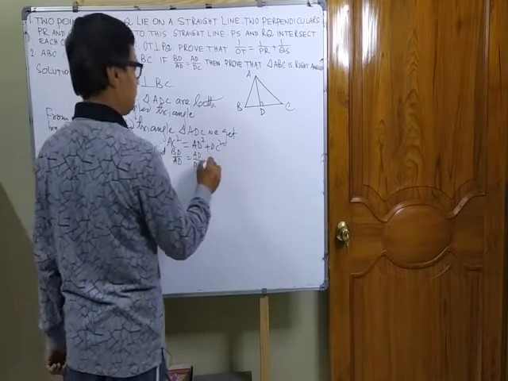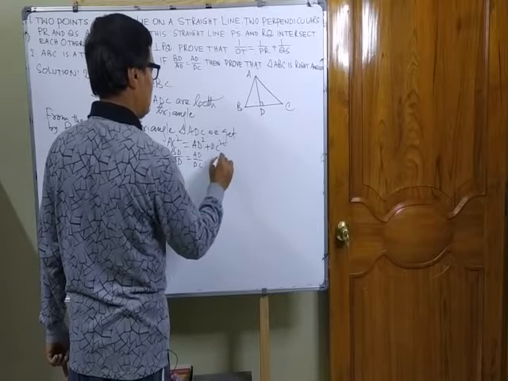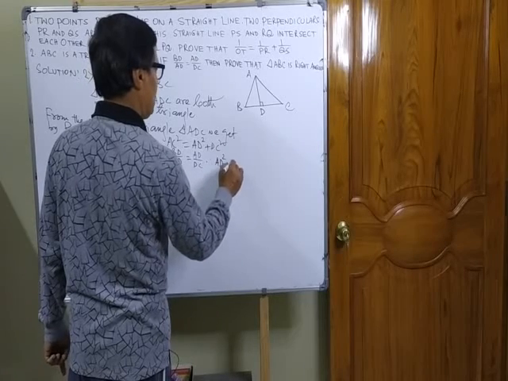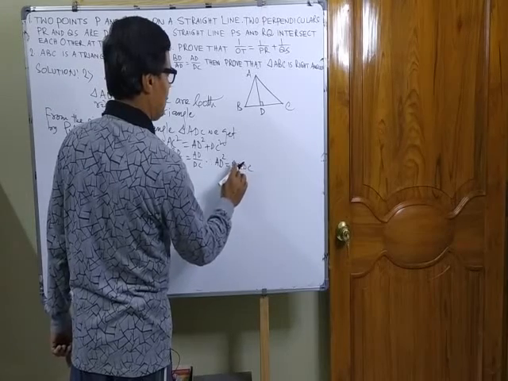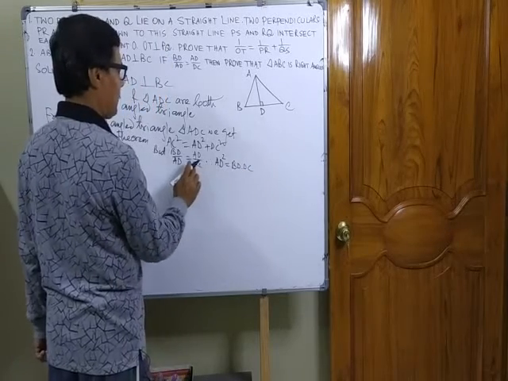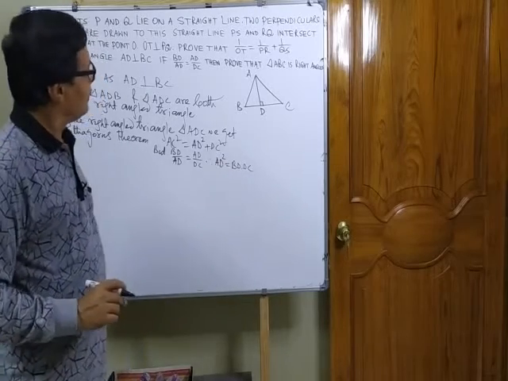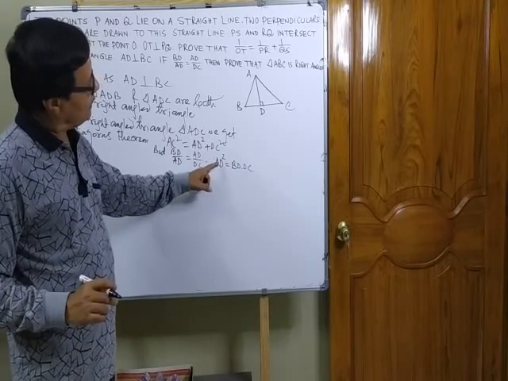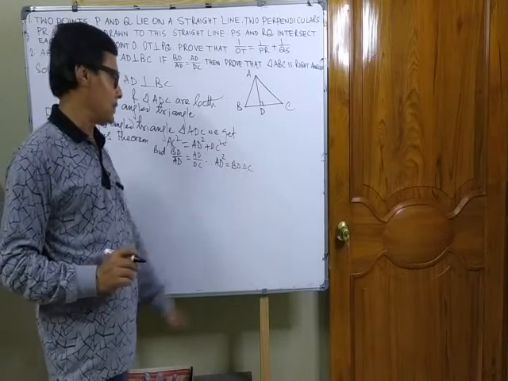So AD square is equal to BD multiplied by DC. We can get this relation, that is, AD square equal to BD multiplied by DC.